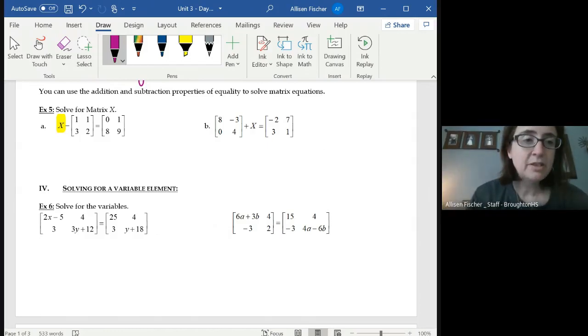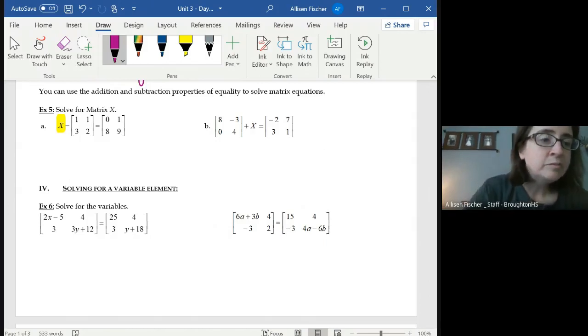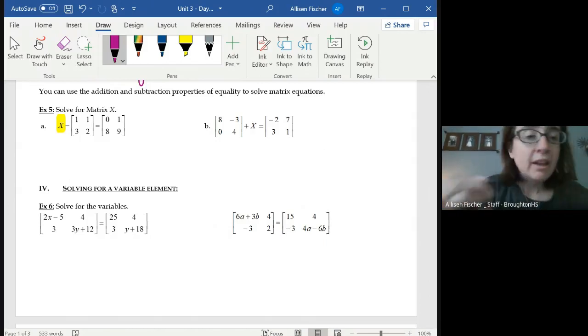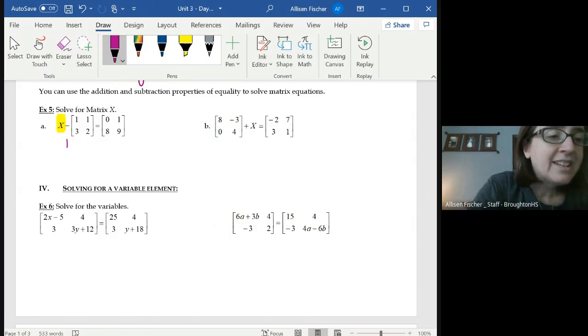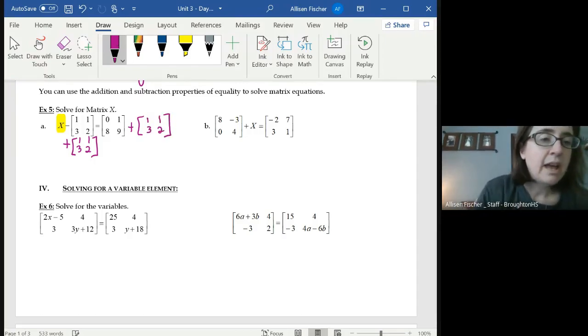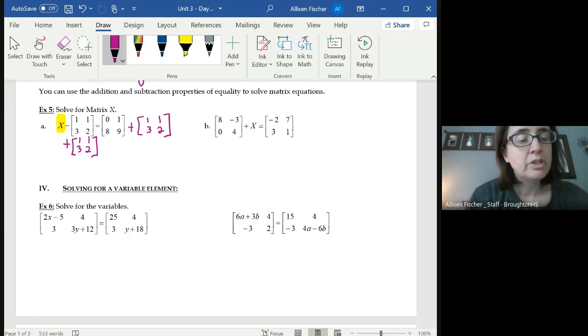So ask yourself, what is the opposite of subtraction? Addition. So what I'm going to do to get X by itself is add this matrix to both sides. So I'm going to add the matrix 1, 1, 3, 2 to both sides.